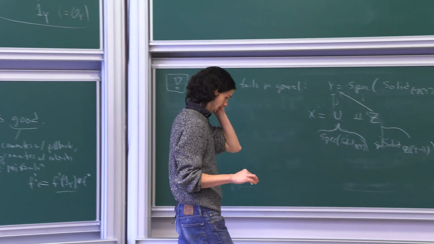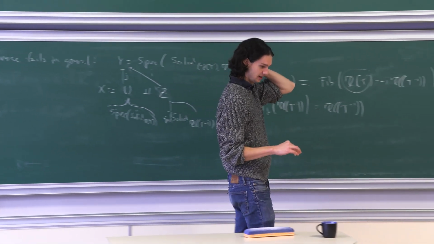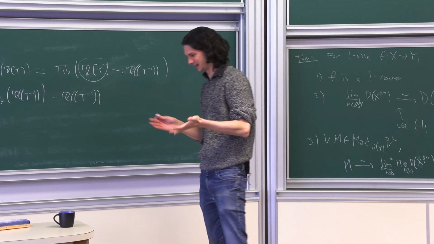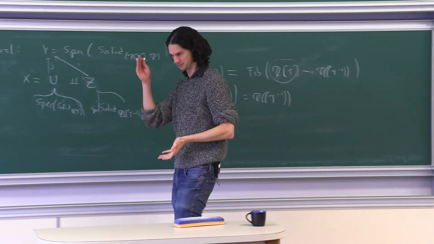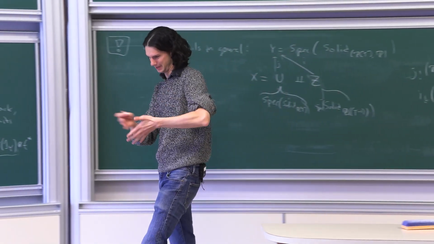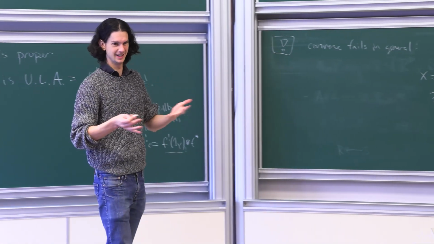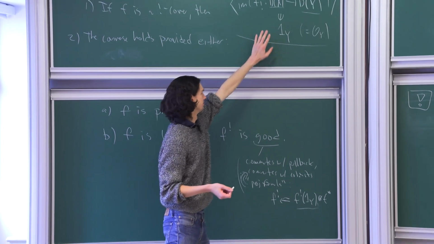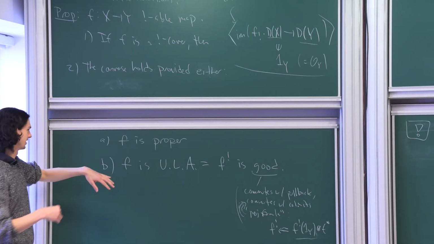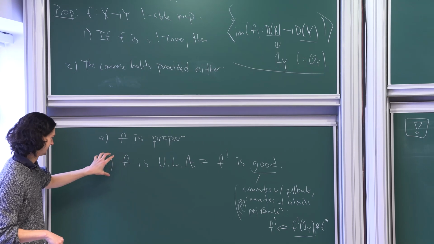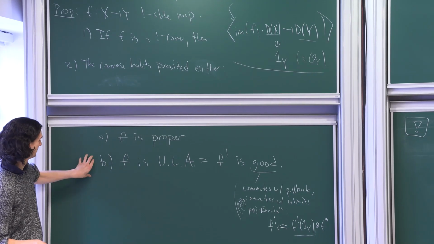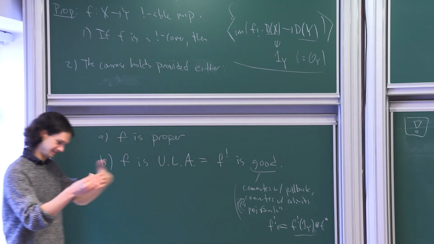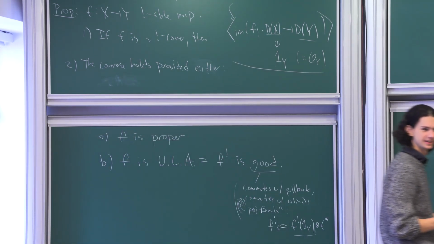There's descent for open covers obviously, but there's also descent for say finite closed covers, where there's proper descent. But you can't mix open and closed and still expect to get descent. So this is some set theoretic cover condition, and then if you assume either some generalization of open, which is ULA, or some generalization of closed, which is proper, then you get honest descent. But you can't mix them.